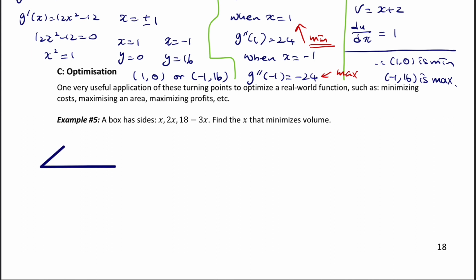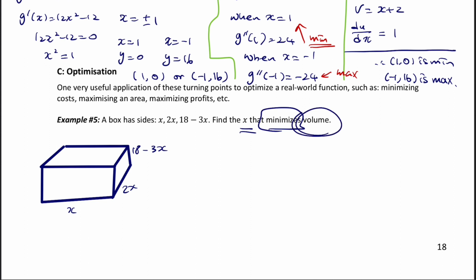It has sides of x, 2x, and 18 minus 3x, and we need to find the x value that minimizes the volume. So here we need to come up with a function for the volume first, to find that x value.